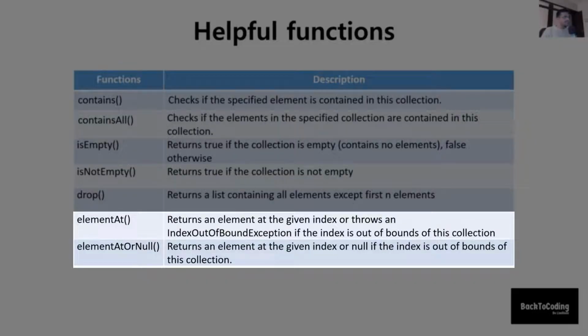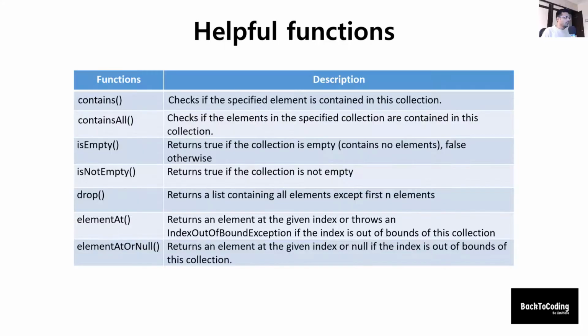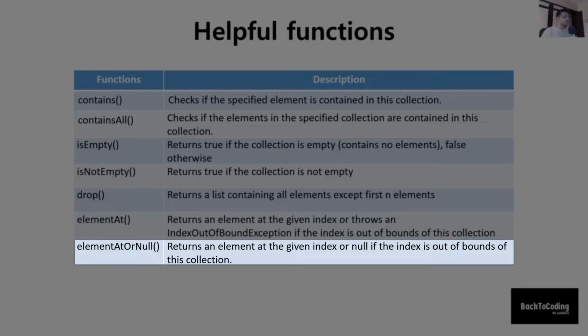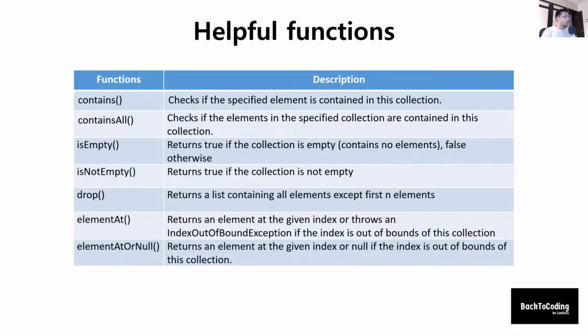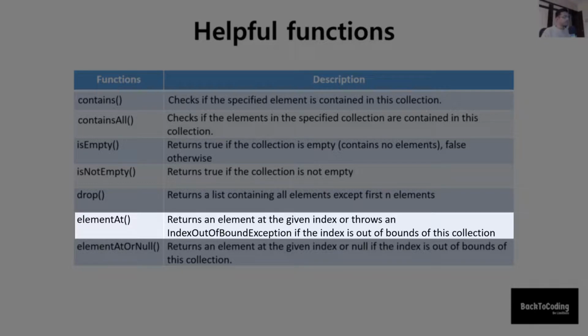elementAt and elementAtOrNull, both of these functions do the same job of returning the element at given index position. The only difference is that elementAtOrNull function returns null in the case where the element is not present at that index position, whereas in the case of elementAt function, it throws an index out of bounds exception.